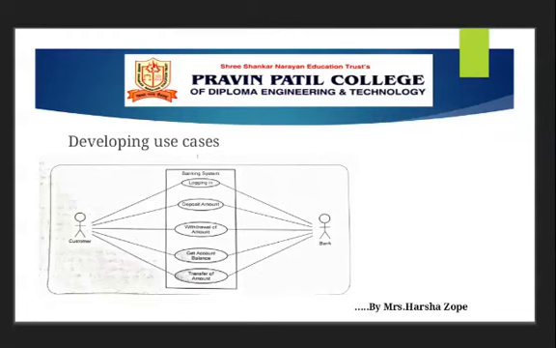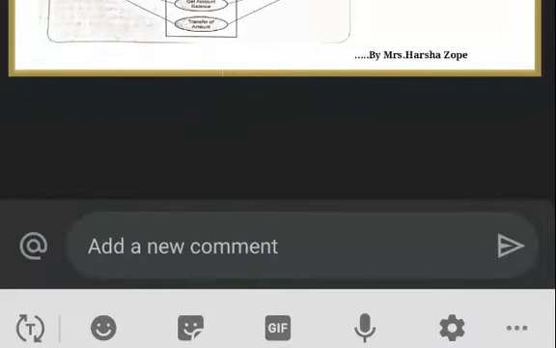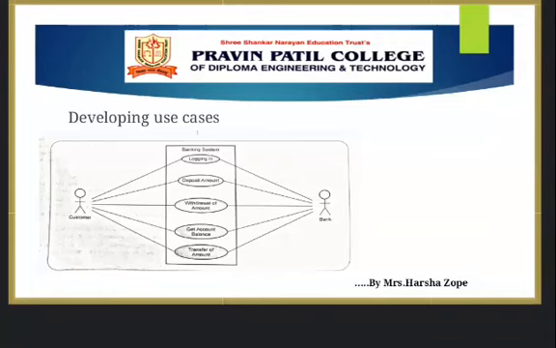First the customer will log in, then he will deposit the amount, then he can withdraw the amount, and then he can get the account balance and he can transfer to another account. These can be the activities done by the person. This is a use case diagram, and inside that you have to write the activities that a particular actor will do.